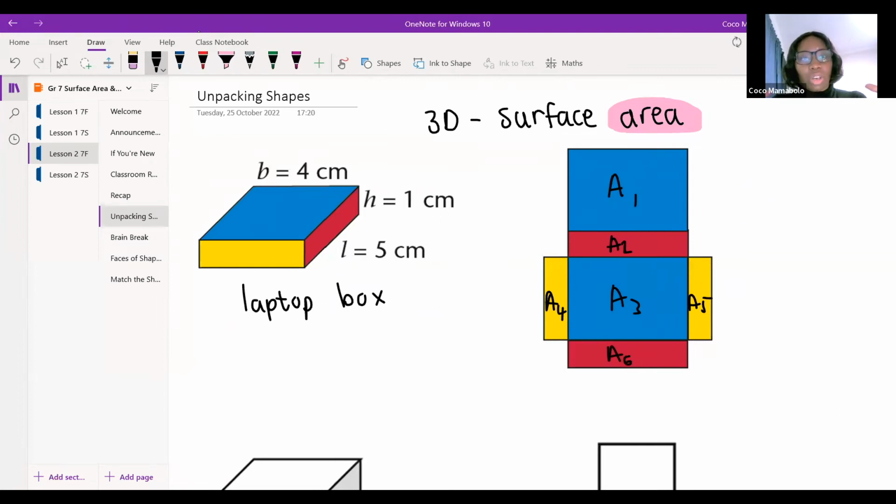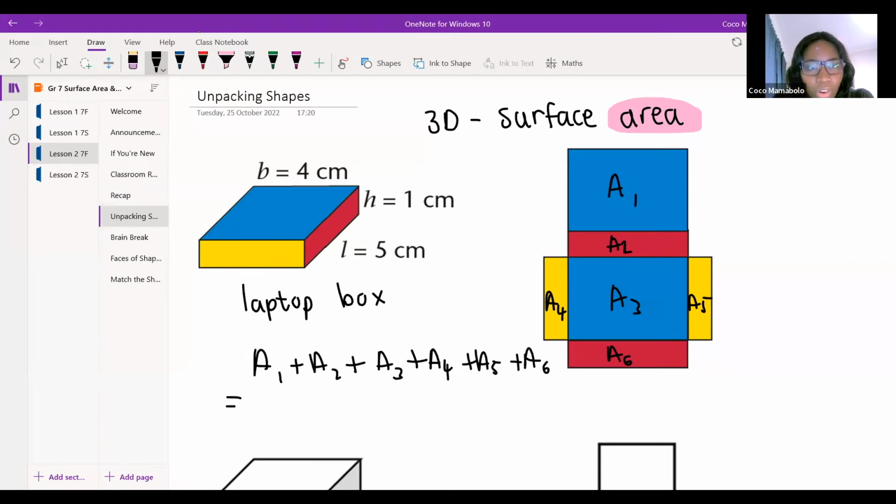And I'm going to take all of them and add them together. So area of the first part plus area of the second part plus area of the third part plus area of the fourth, plus, this is getting tiring, plus area of the sixth, and all of them together are going to give me the total surface area.